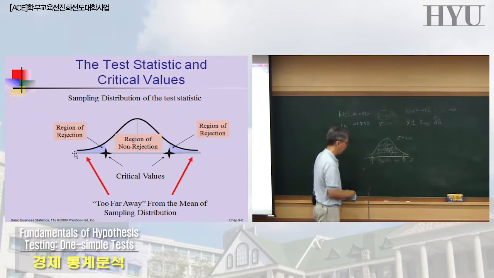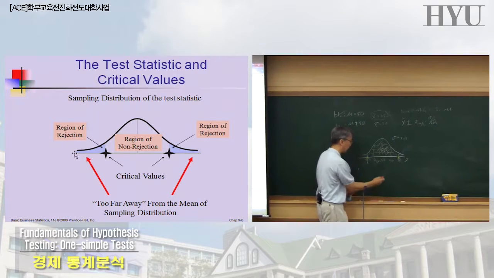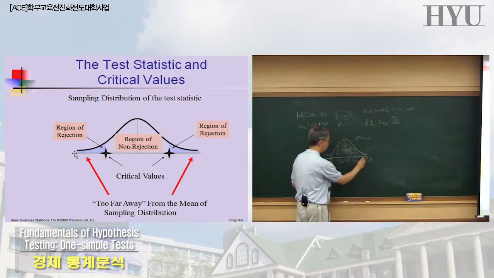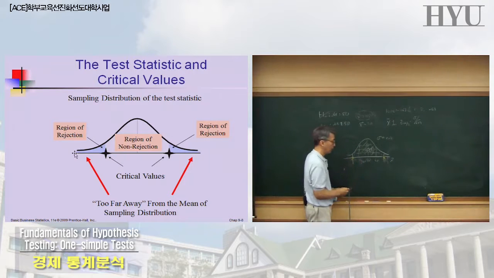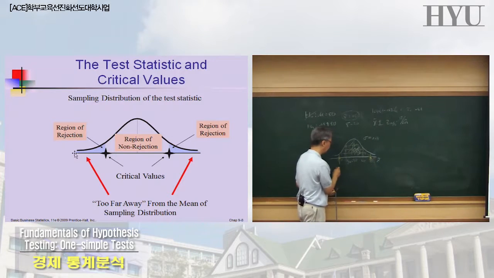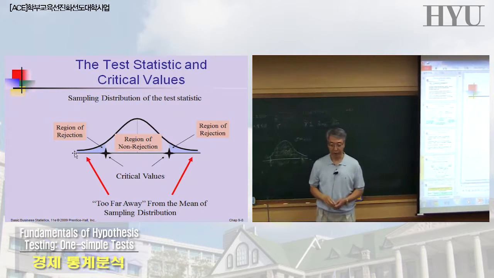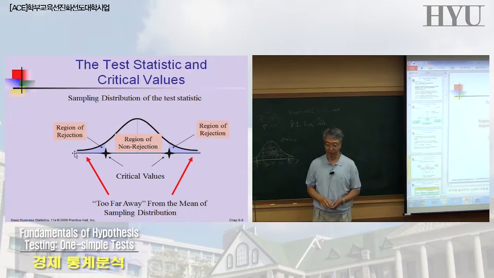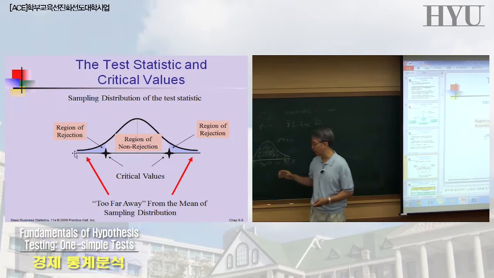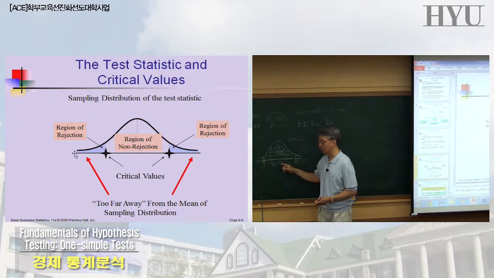Only when the sample evidence comes out to be outside these critical values, either positively or negatively, then we will reject the null hypothesis because we can now claim that we have sufficient evidence that indicates that population mean is different from 50.